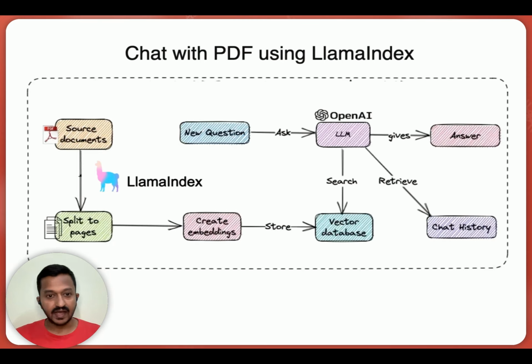So you might ask, what is the scenario? Imagine you're working on a research paper or a project that involves reviewing several academic papers, reports, or manuals in PDF format. Instead of manually skimming through hundreds of pages to find relevant information, you can simply ask questions directly to the PDF using LlamaIndex. This saves a lot of time and ensures that you don't miss critical information hidden deep within the document.